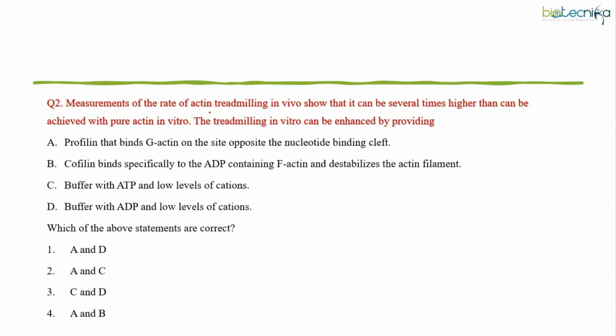Measurement of the rate of actin treadmilling in vivo shows that it can be several times higher than can be achieved with pure actin in vitro.